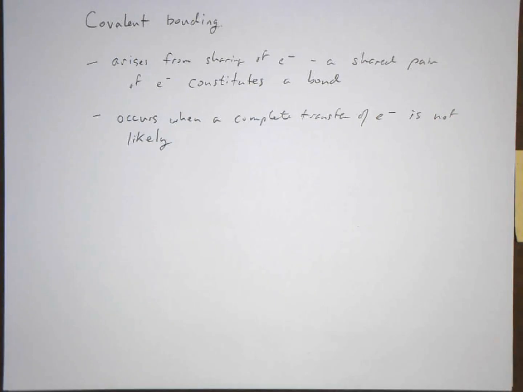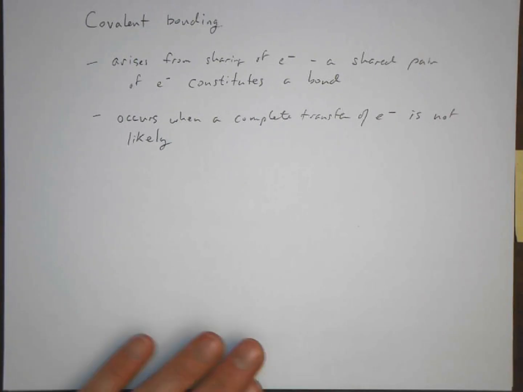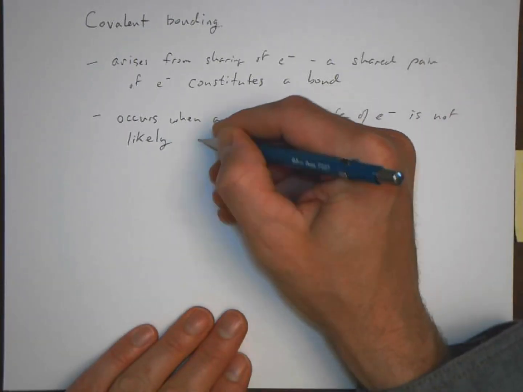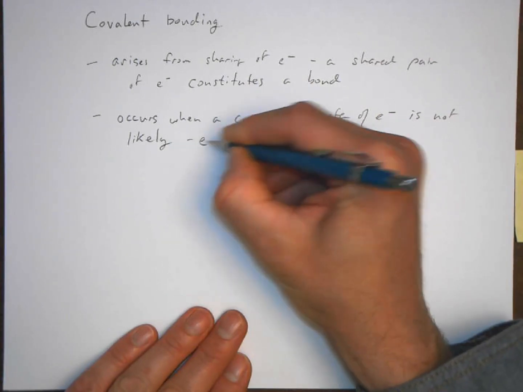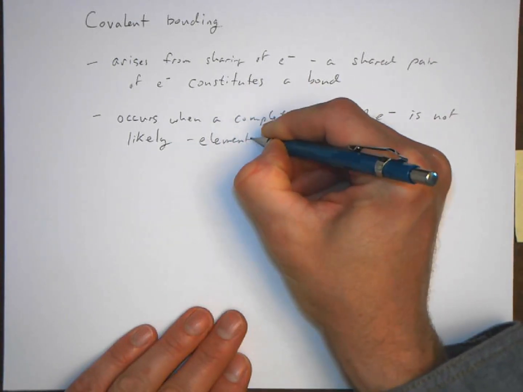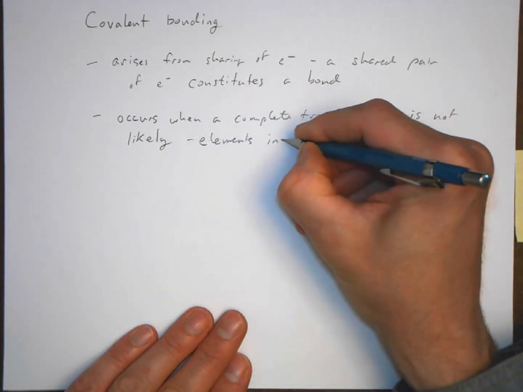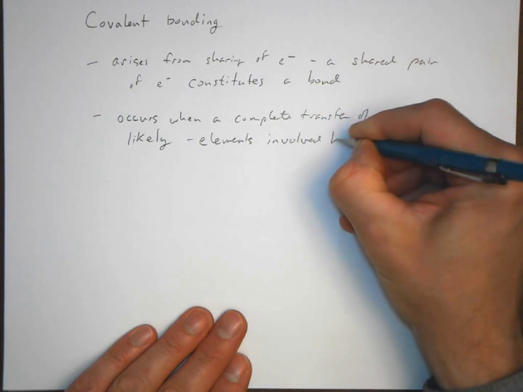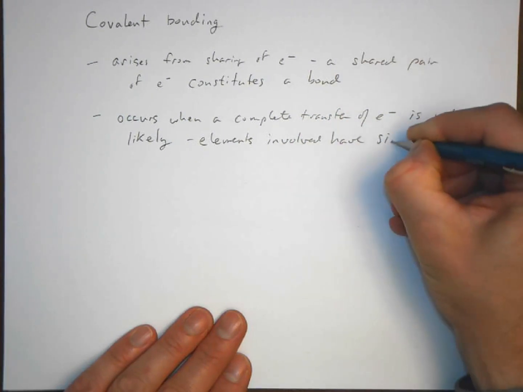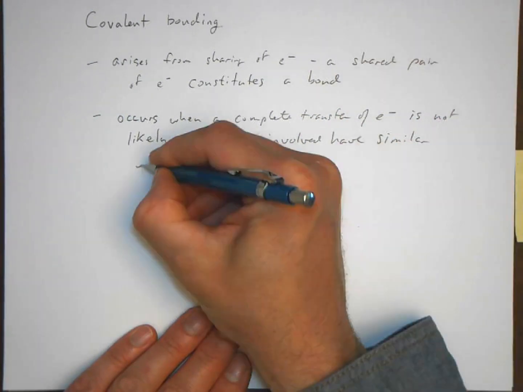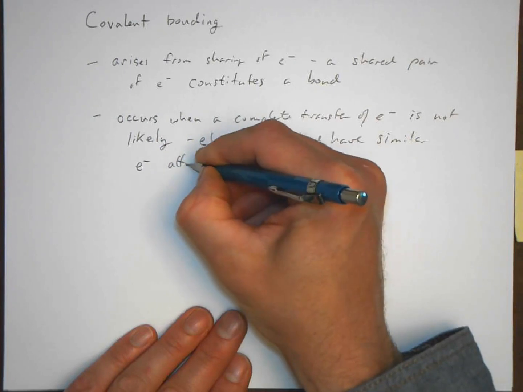It occurs when a complete transfer of electrons is not likely, and the reason it's not likely is because the elements involved have similar electron affinities.